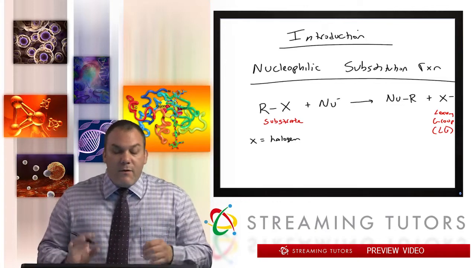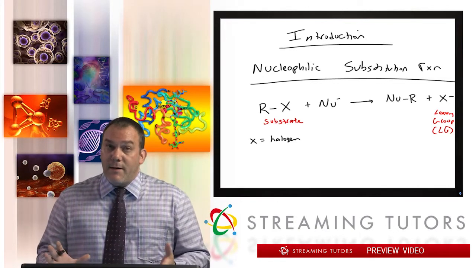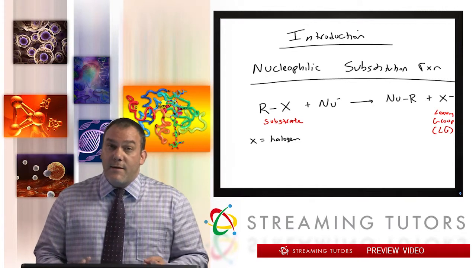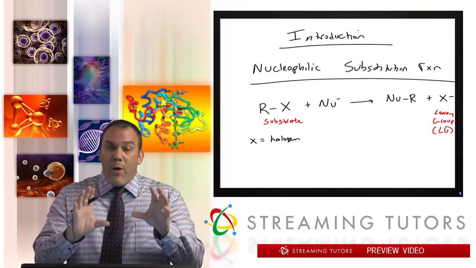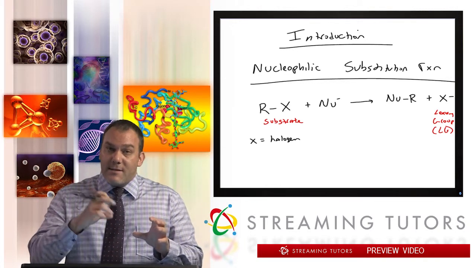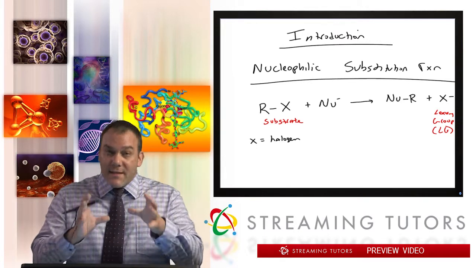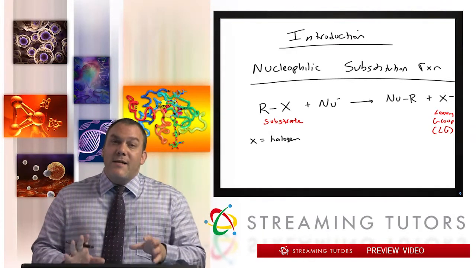Now, the next thing I want to point out is that this can actually happen 2 different ways. One way is where the substrate has its leaving group leave while the nucleophile comes into it at the same time. That's known as an SN2.